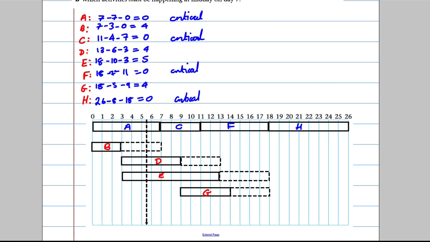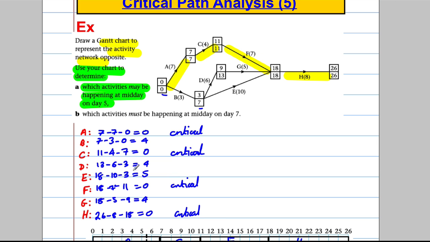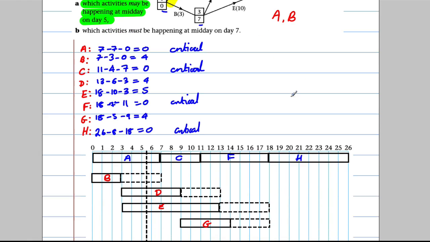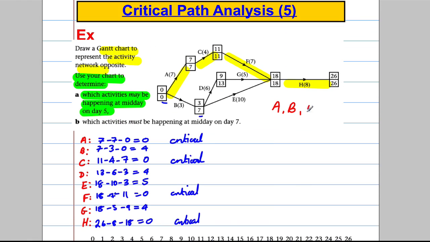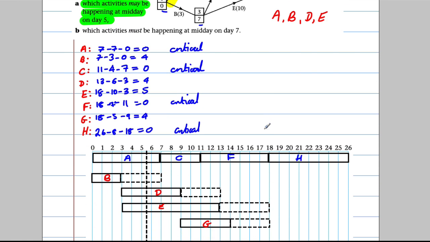So which activities may be happening? Well, A could be happening, B could be happening, D could be happening, and E could be happening. So our answer to that one would be A, B, D, and E. Now, they don't have to happen, but they could be happening because there's the potential for them to be happening.